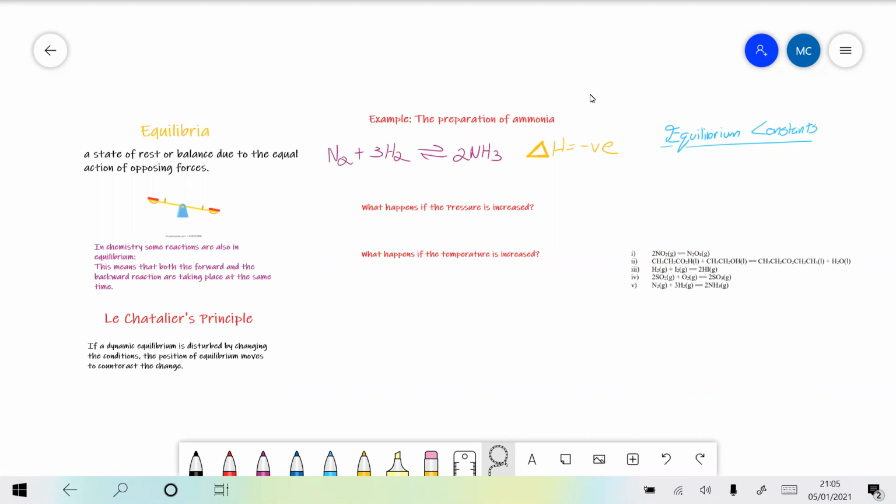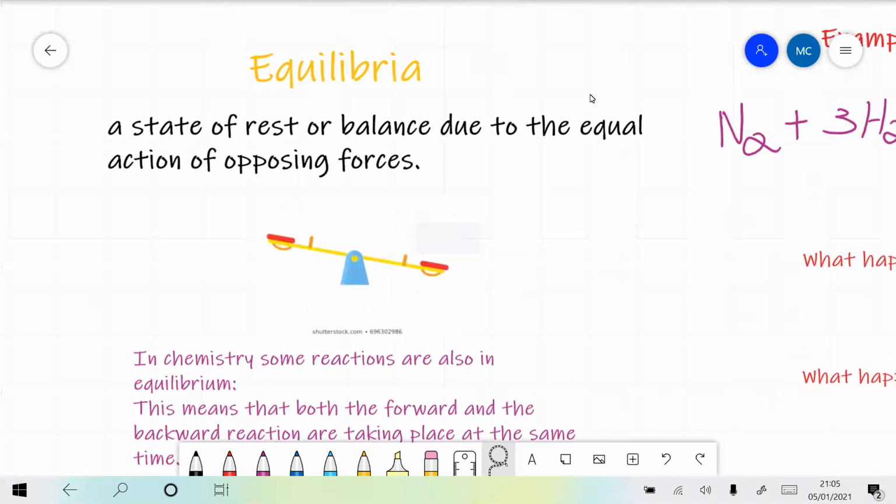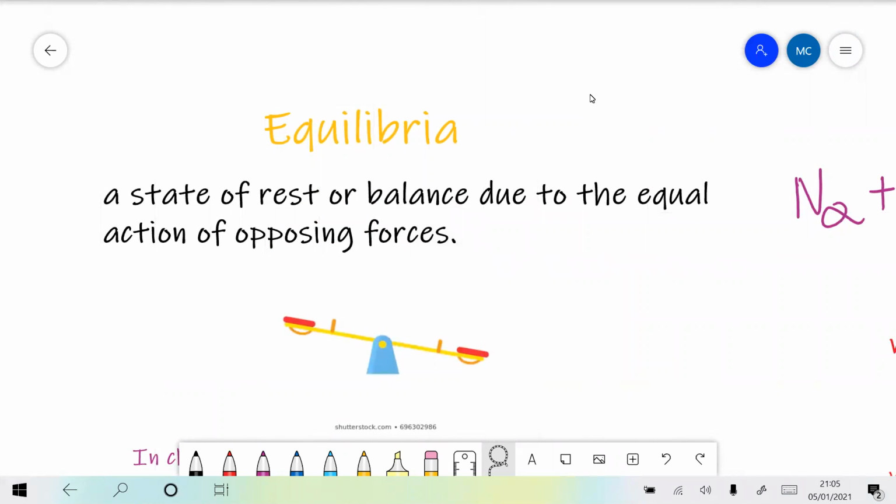What is an equilibrium? An equilibrium in the English language is a state of rest or balance due to the equal action of opposing forces. And we can see this equilibrium at the playground when we use the seesaw.